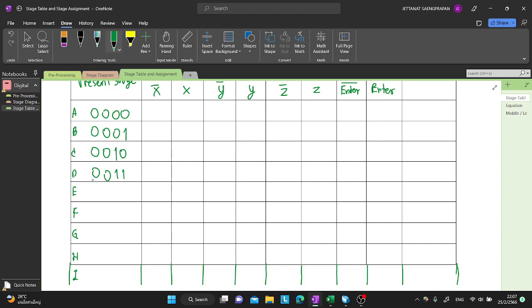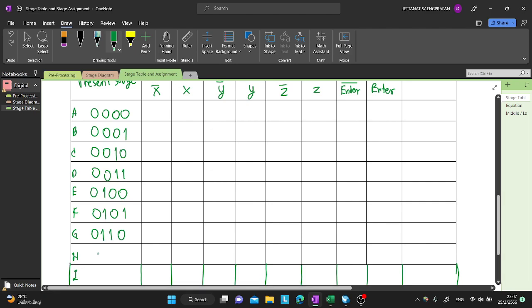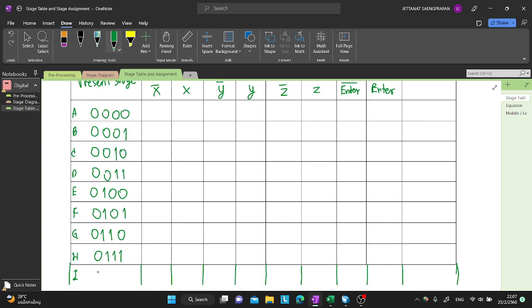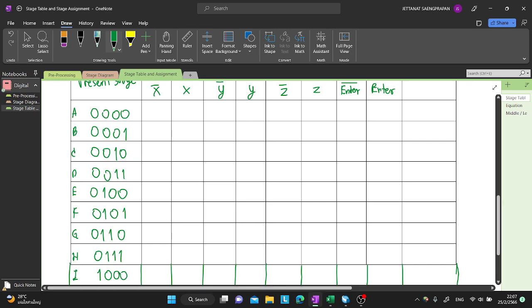State E is 0, 1, 0, 0. State F is 0, 1, 0, 1. State G is 0, 1, 1, 0. State H is 0, 1, 1, 1. And the last one, I, is 1, 0, 0, 0.